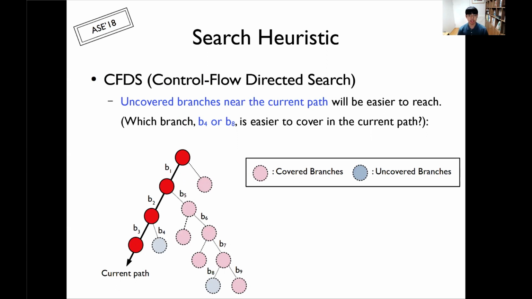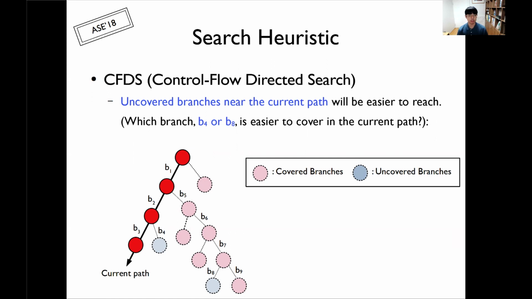The first heuristic is control-flow-directed search, usually called CFDS. The CFDS heuristic came from the natural intuition that uncovered branches near the current execution path will be easier to exercise than uncovered branches far from the current path.